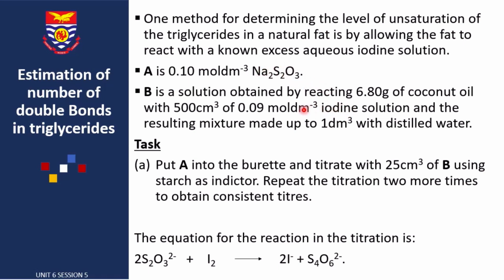We'll do some subtractions where we'll know the moles that was consumed, and through that we can proceed with other calculations. So this is an instruction, but what we need very well is the equation of reaction, which has been provided here. So the thiosulfate reacting with the iodine to produce the iodide and the tetrathionate ion.